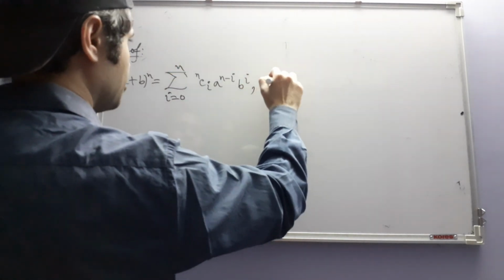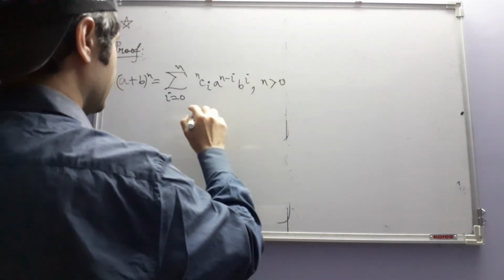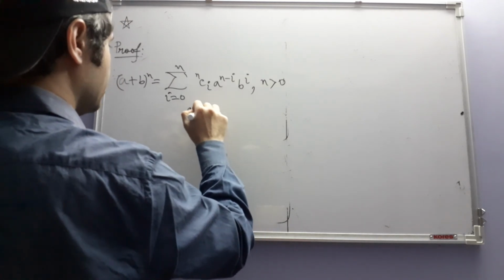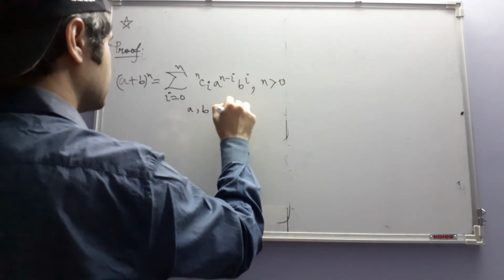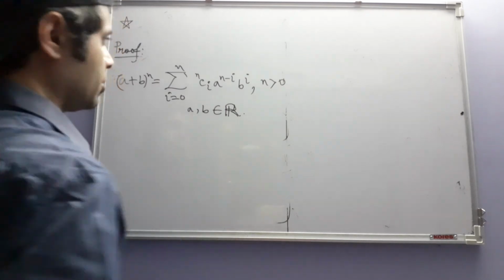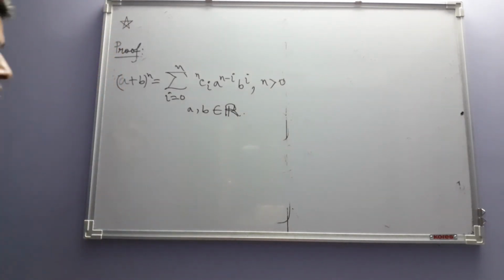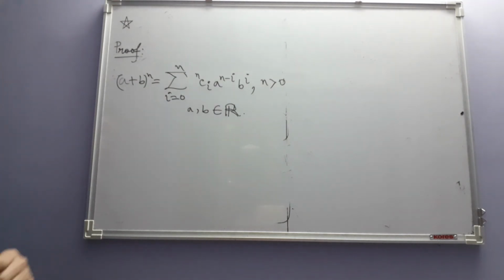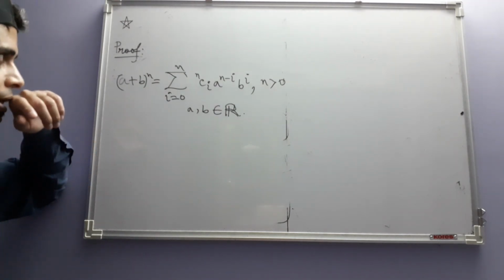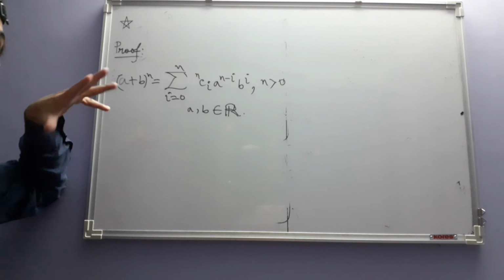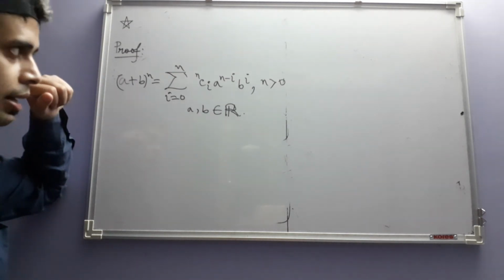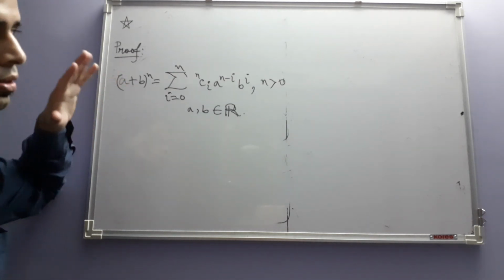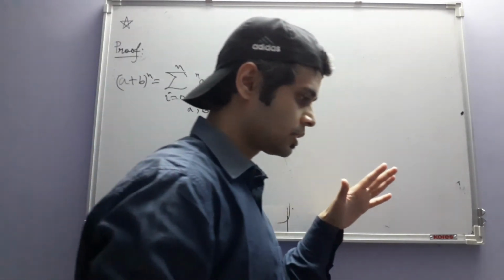Here n is a positive integer and a and b are real numbers. This is good enough for us for now. We will extend this formula in future. Now, there are some things to be noted about this formula and the expansions in general. So we are now going to see those things.